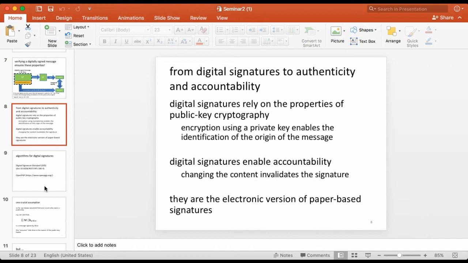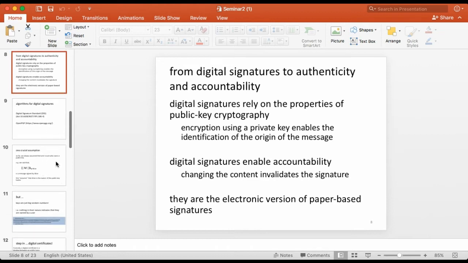Okay, so when you sign some contract, you're doing two things. You're first of all stating that the copy of that contract that you've signed, for example, is yours, so it comes from you. And the second thing is you're saying that this is the exact text that I'm signing. Okay, so any kind of modifications to that text will essentially lead to fraud, basically, or that is not the original.